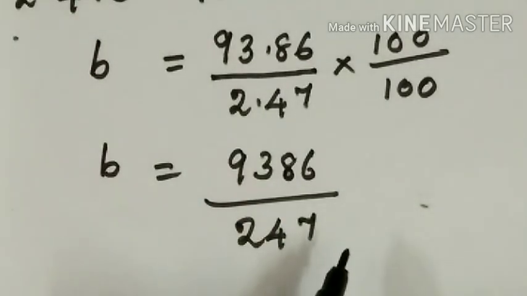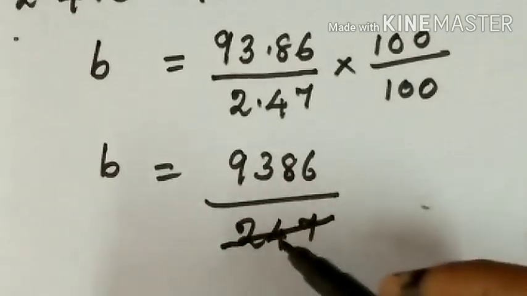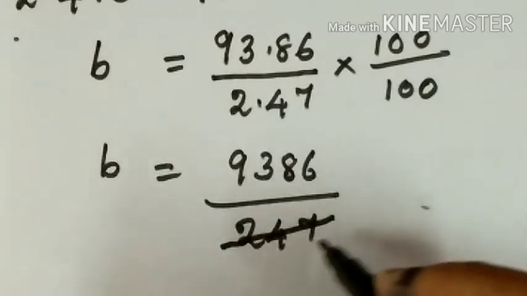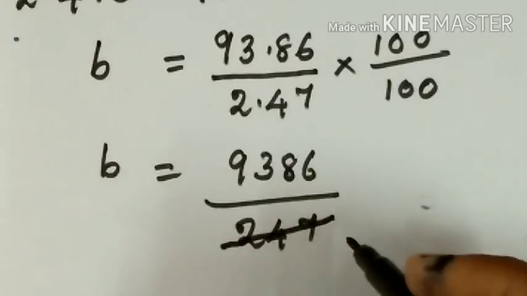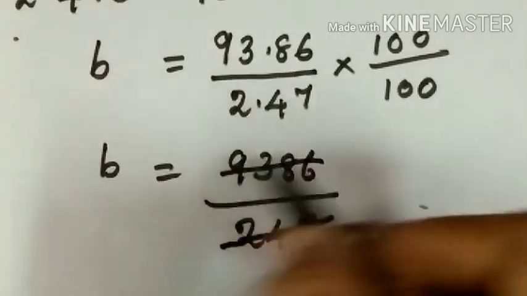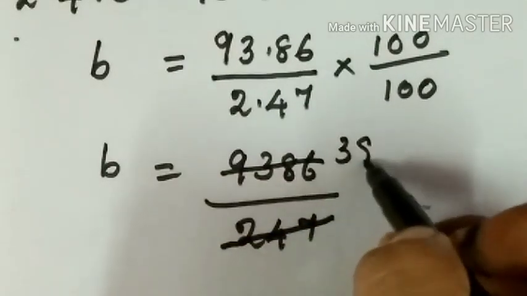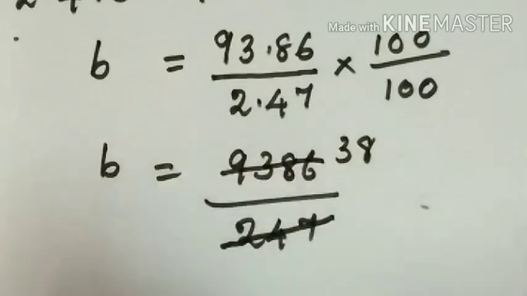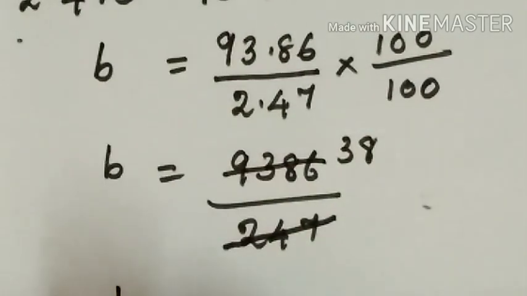For cancelling this, 247 multiplied by 38 means we get 9386. Therefore, b equal to 38 centimeter.